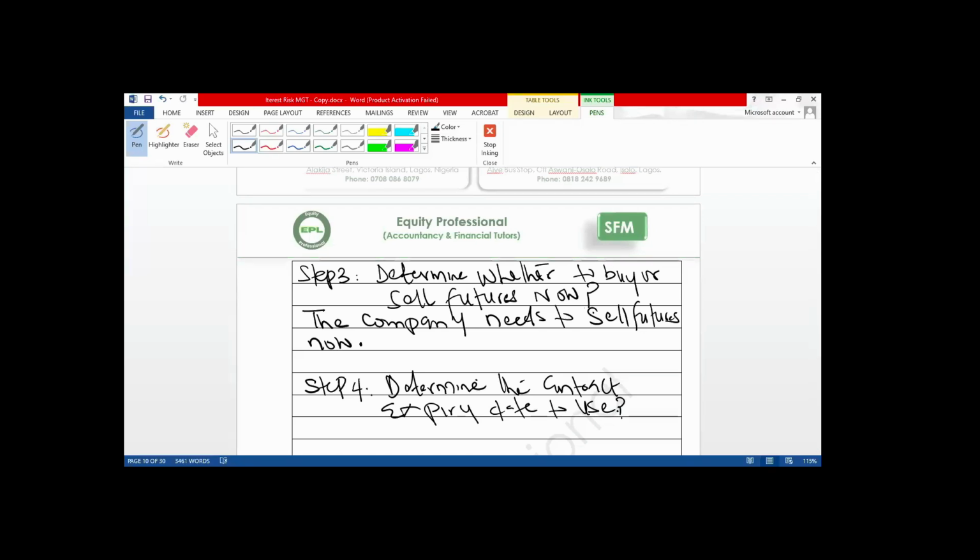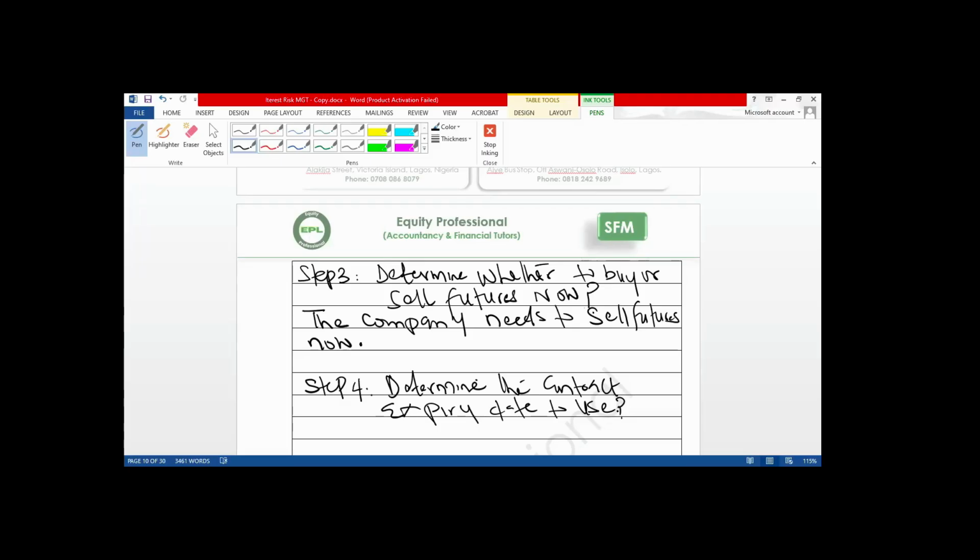When will this company borrow money? This company will borrow money on the 28th of February. Therefore, you are going to use that contract that matures after February 28th.